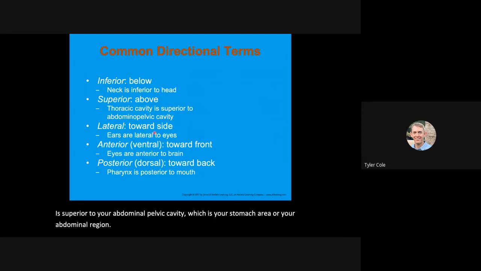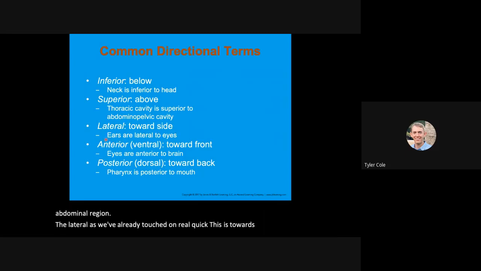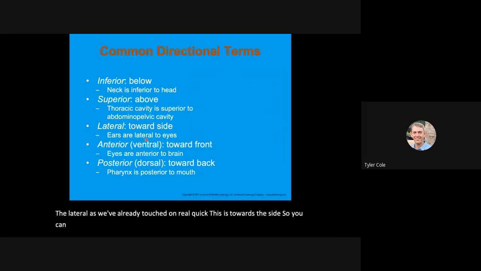Lateral, as we've already touched on, is towards the side. So you can say ears are lateral to the eyes. Or if you want to say you have one ear on the left and right lateral side, that's also acceptable.